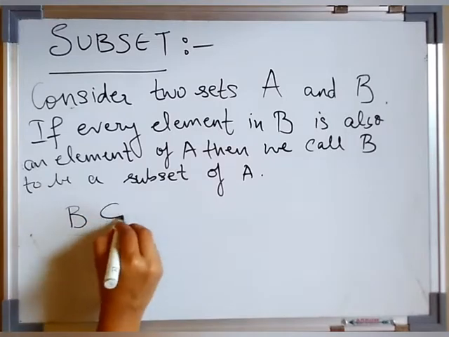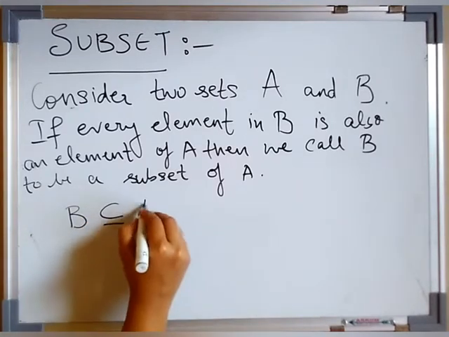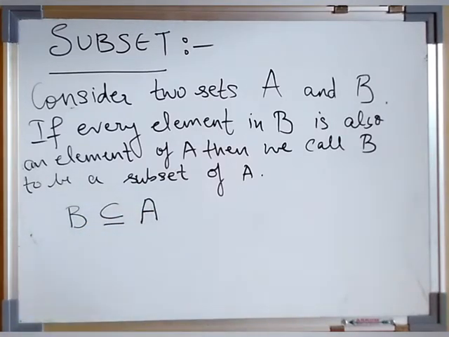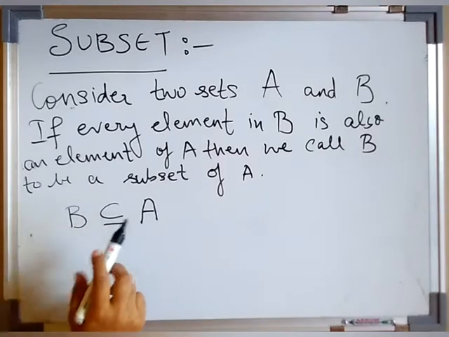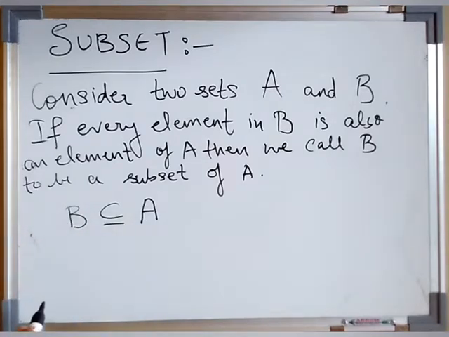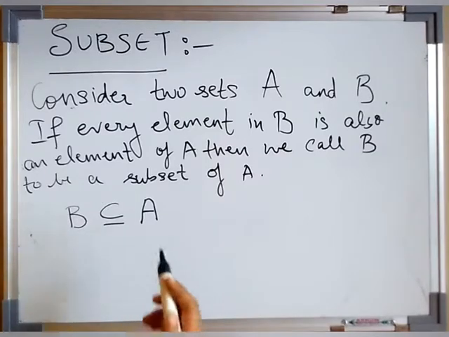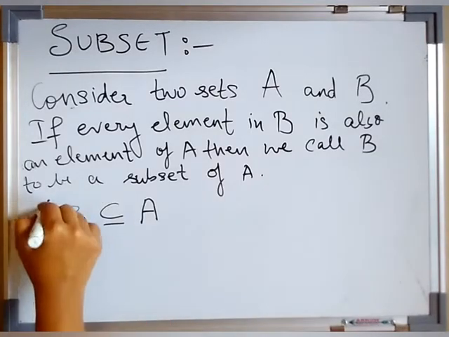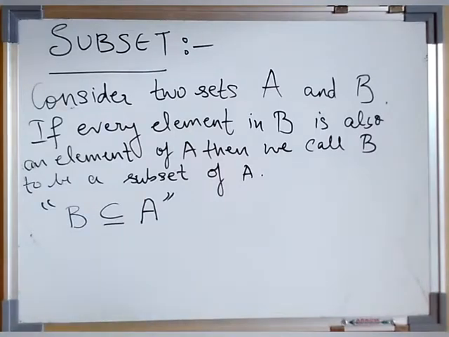We denote it using this symbol. B is a subset of A. This is the notation.